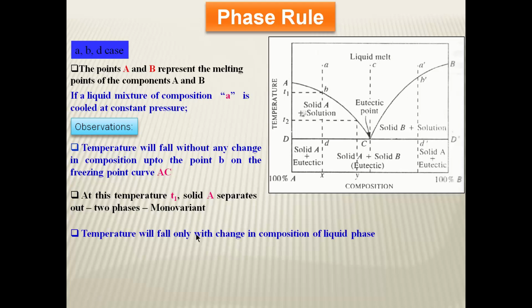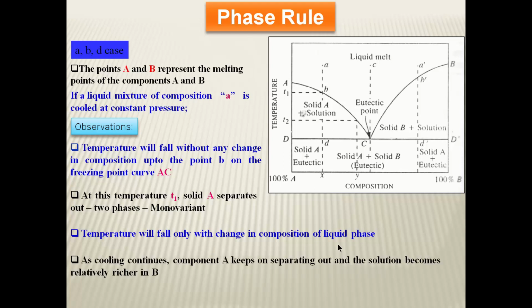Now temperature will fall only with change in composition of the liquid phase. What does this actually mean? That if you go on cooling the solution further, once the component A has started separating out from the point B, and you further go on cooling it, more and more A will be separated out from the mixture, and obviously the composition of the liquid phase will change now.